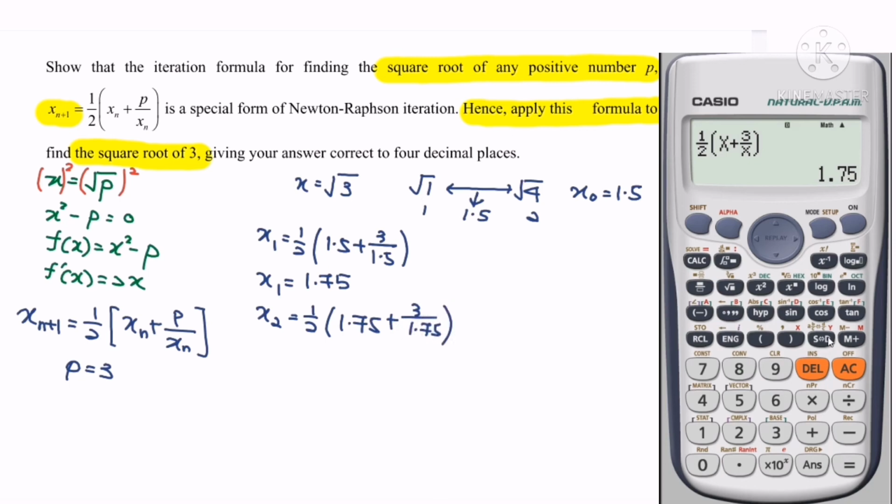Refer to the calculator, calculate, answer, and we have x2 is equal to 1.732142857. Repeat the situation and find x sub 3. Calculate, answer, and repeat the situation again.